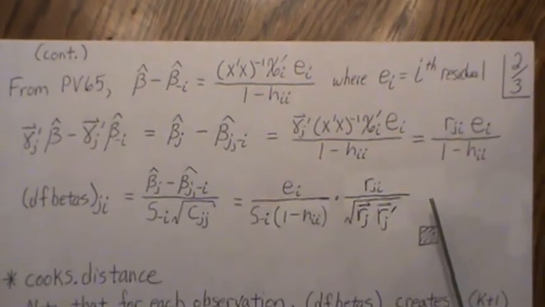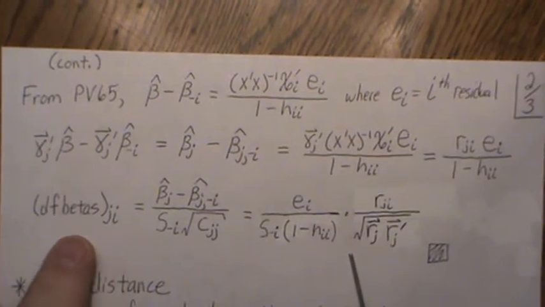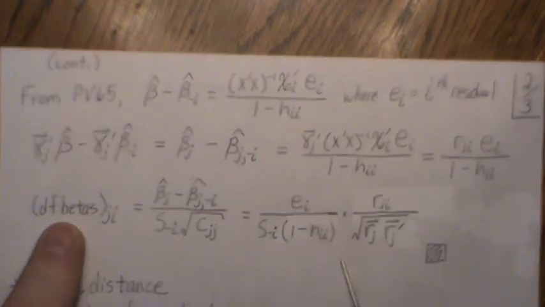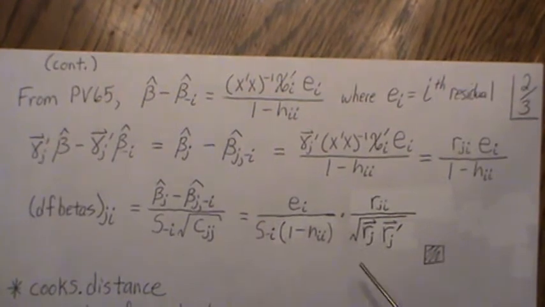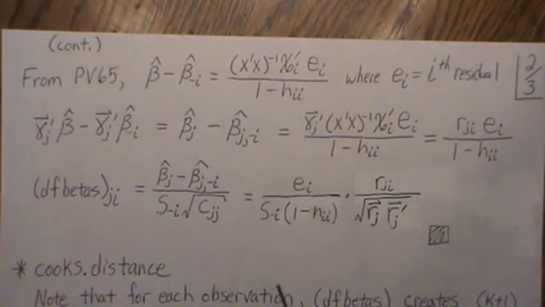So now, one downside. For each observation, we have to look at k or k+1 betas and see how they changed, right? And that's a lot of looking. So what Cook's distance tries to do is to summarize for each observation.